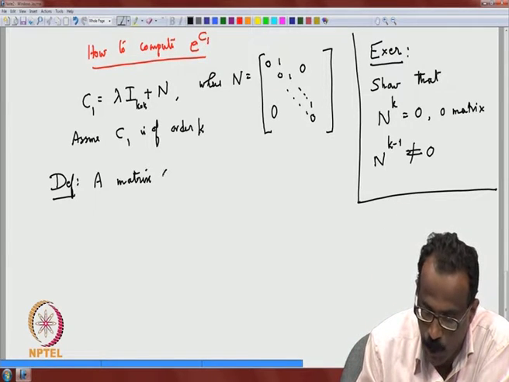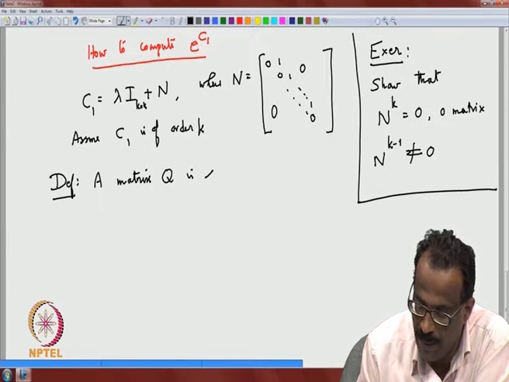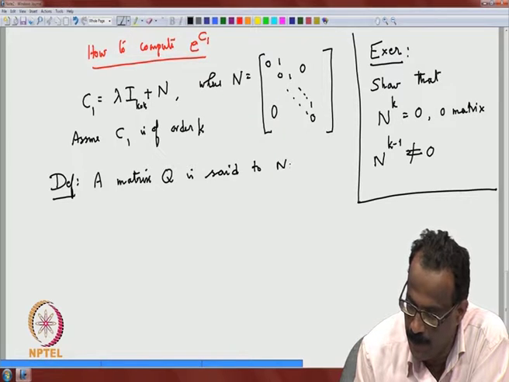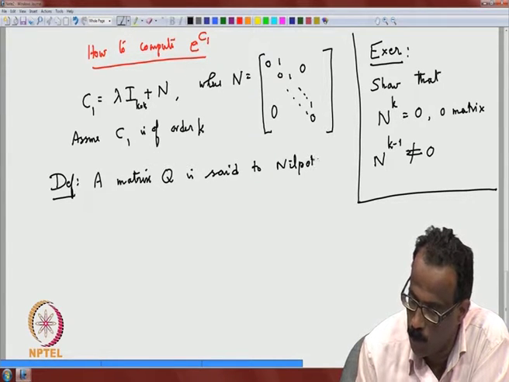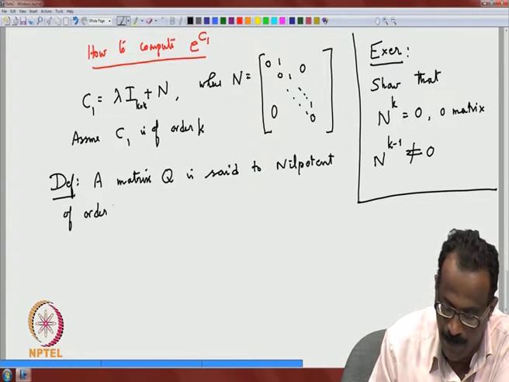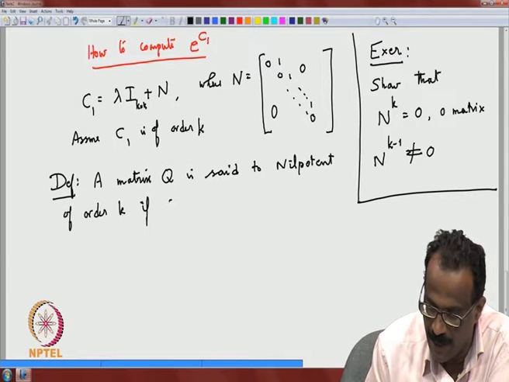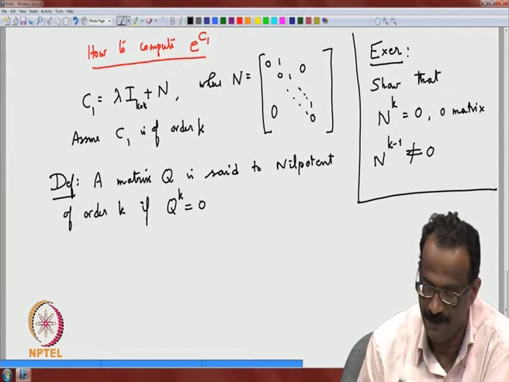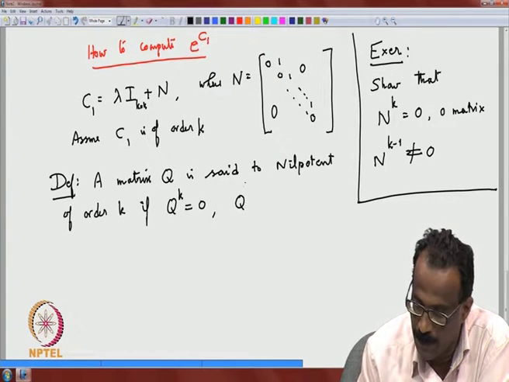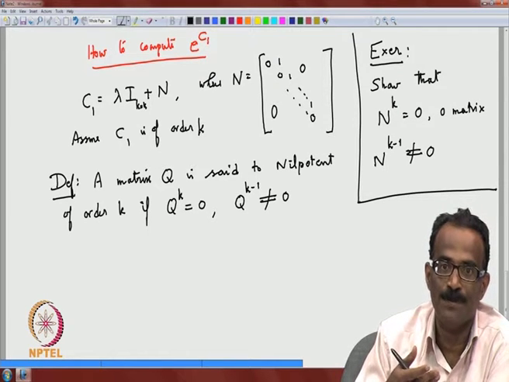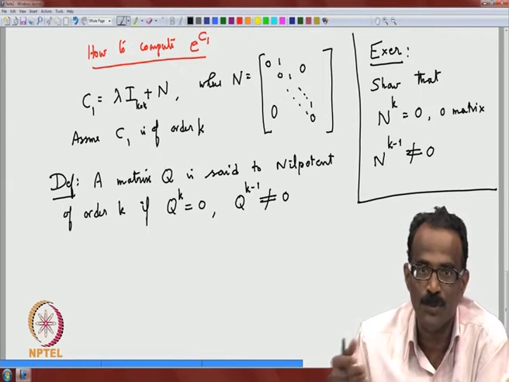Any matrix Q is said to be nilpotent of order k if k is the first instance where Q power k is a zero matrix and Q power k minus 1 is not zero. That is the first instance. Of course, if Q power k is 0, that implies Q power k plus 1, Q power k plus 2, etc. are 0.